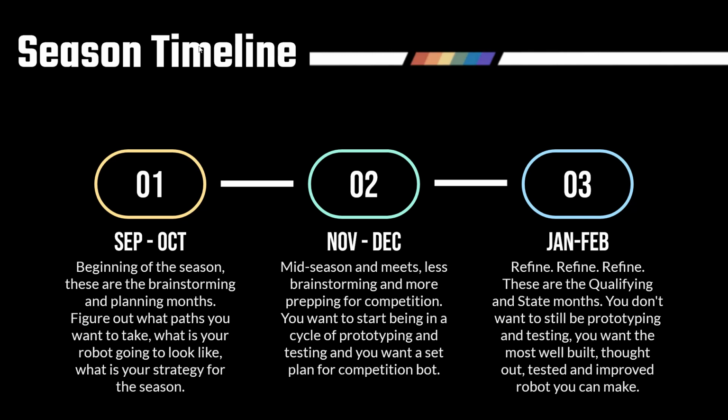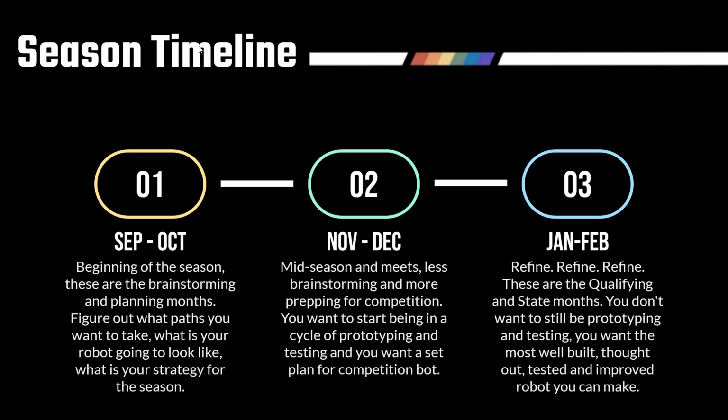And then, of course, January, February are the most important months, because it's qualifying and state, and all you want to be doing, unless something is catastrophically not working, is just refining and refining and refining and refining. And this makes it so you have the most tested, the most thought out, the most planned robot you can for things like qualifiers, states, and worlds.